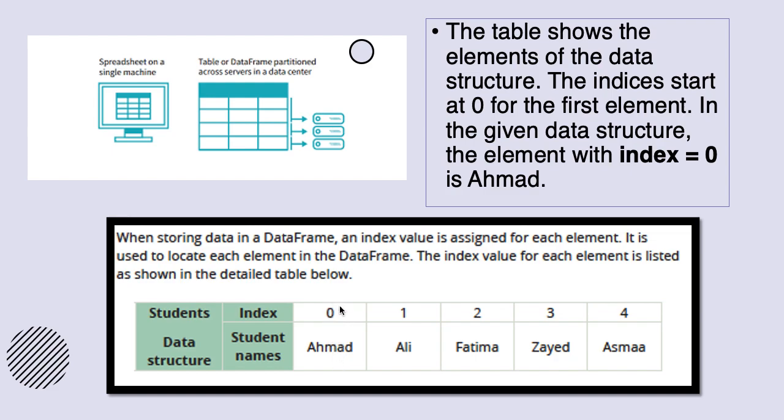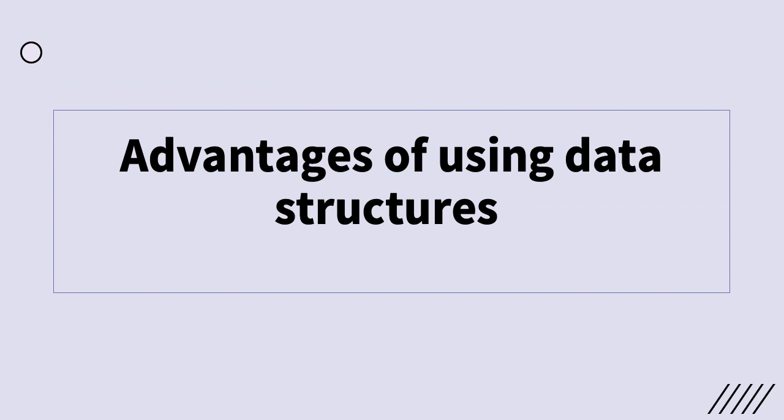So Ahmed has the 0 index value, Ali has 1, and Fatma 2, and so on. So this is the simplest data structure. It has 5 columns and 1 row, which is the student name. If I want to store this data structure in Python, how can we do that?